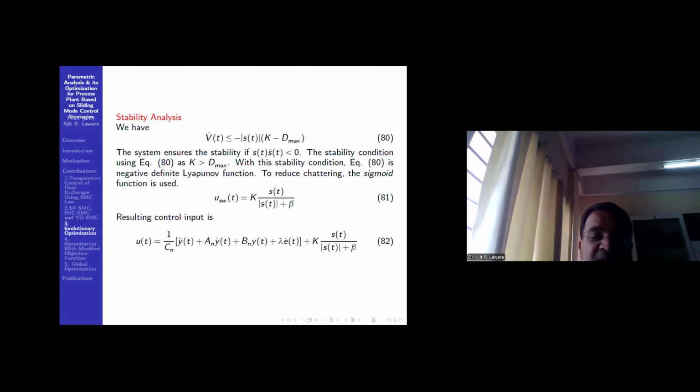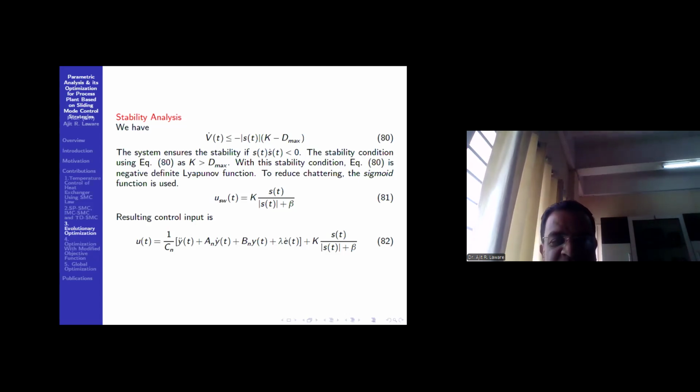And with this, k greater than d max, your V dot t becomes a negative definite Lyapunov function, and once it becomes a negative definite function, it means the system is asymptotically stable. Here I can select the switching control as k into s of t divided by mod of s of t plus beta, means I am using a sigmoid function. Three types of function you can use in sliding mode control. First one is the classical switching control as k sgn of s of t.